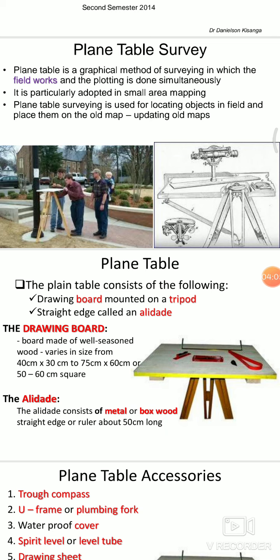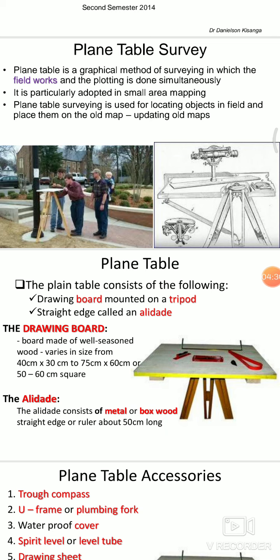It means objects such as rivers, temples, school buildings, etc., can be located on an old map with the help of the plane table survey.